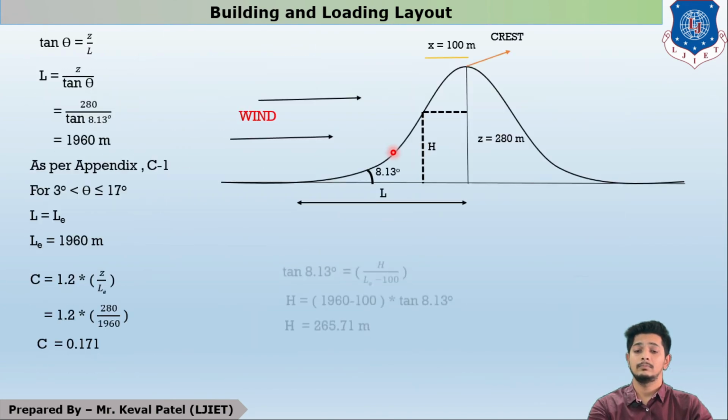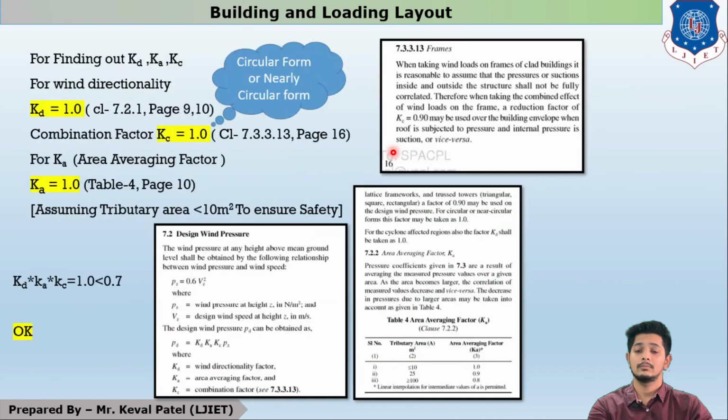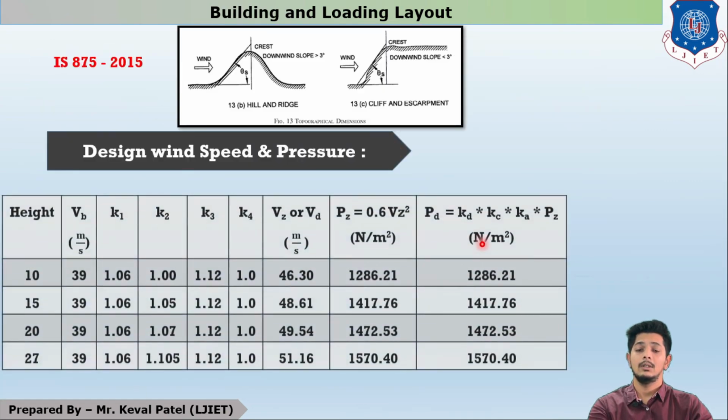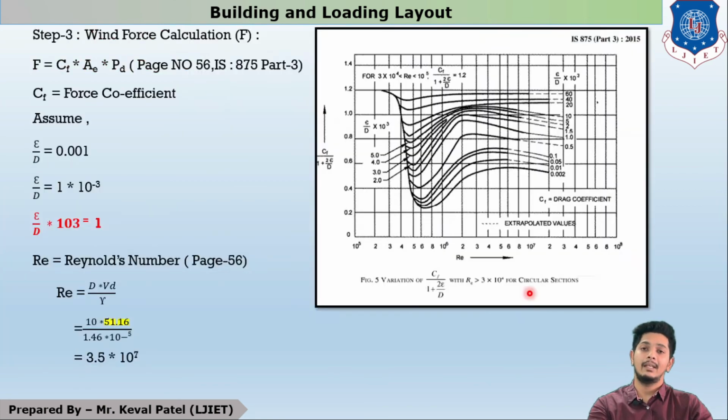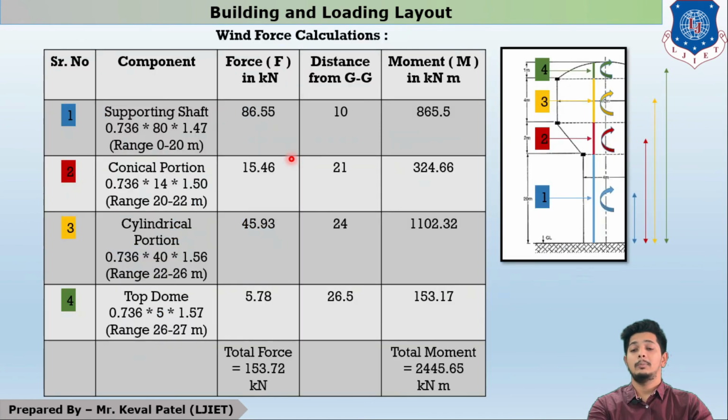PD for 20 meter is 1472.53, but in kilonewton per meter square it will be 1.47, right? So for 20 meter height I am taking PD as 1.47 kilonewton per meter square.